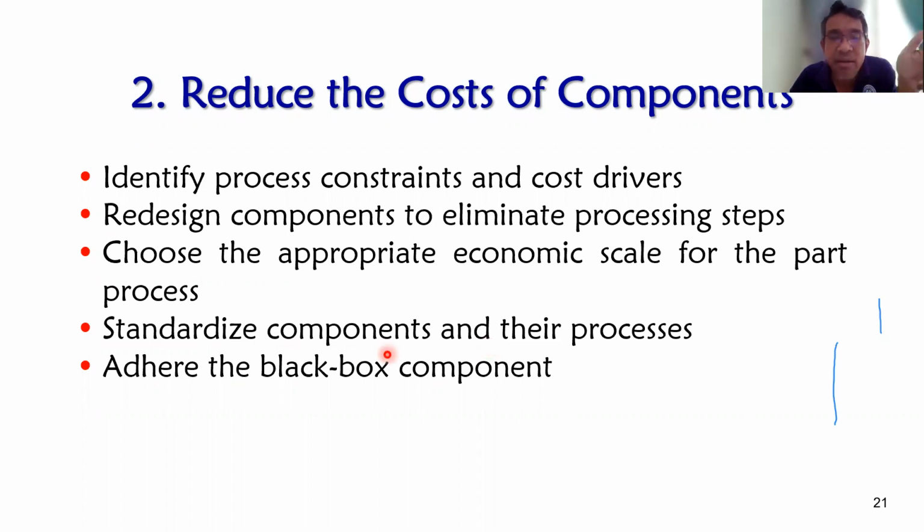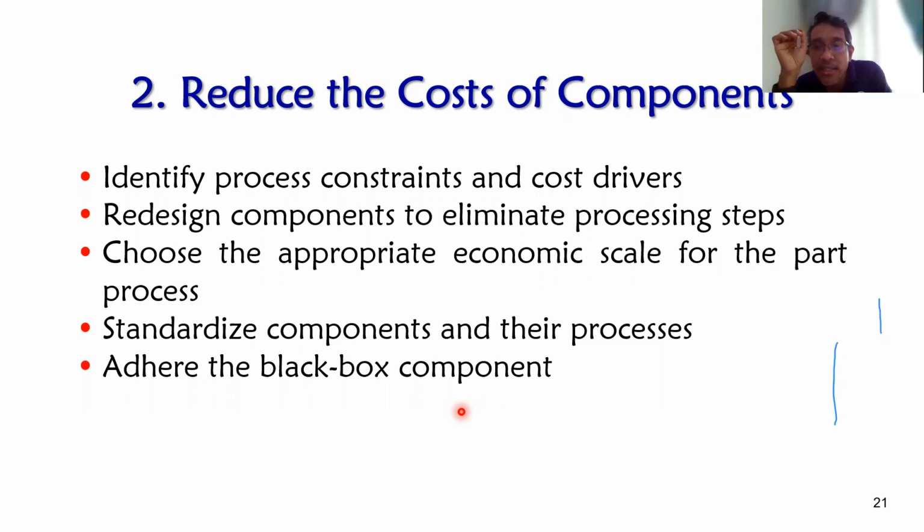So when we think about that, we find that with standard components, we can relatively achieve cost reduction. And then the component cost reduction strategy also uses black box components. This is an effective strategy in the Japanese automotive industry. They use black box component suppliers.